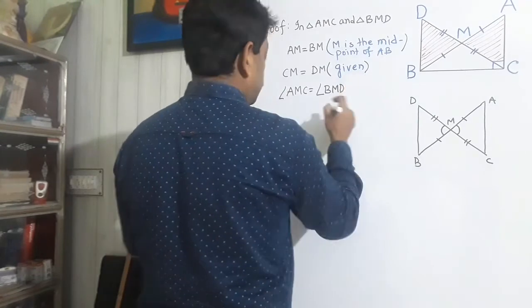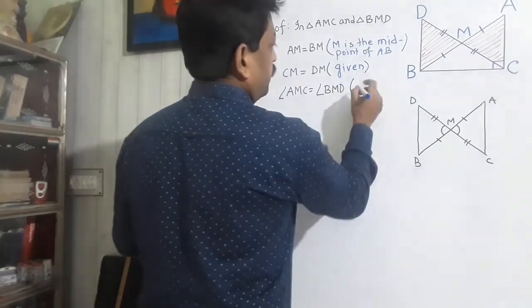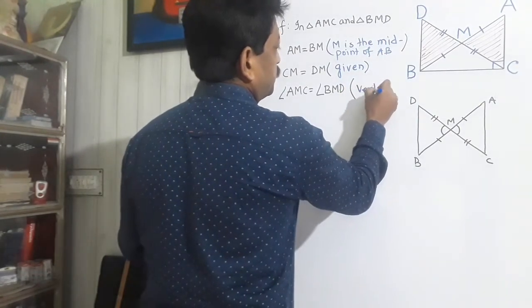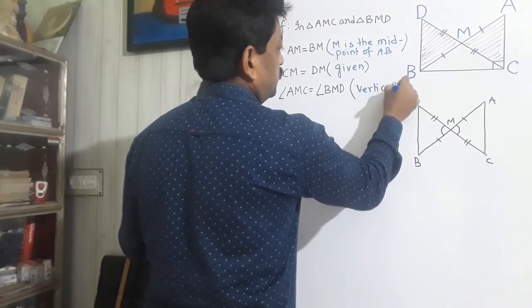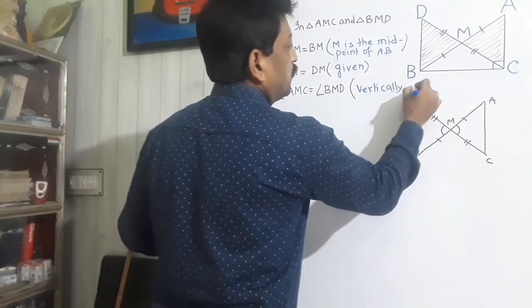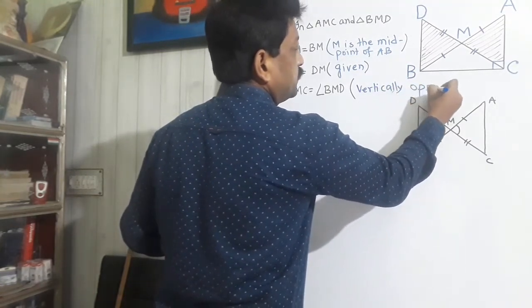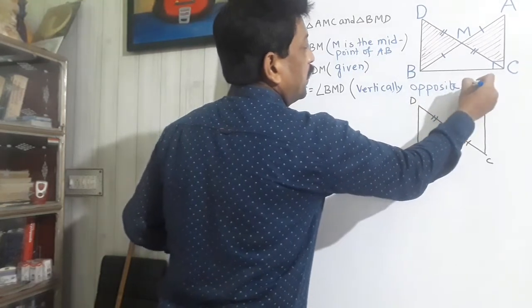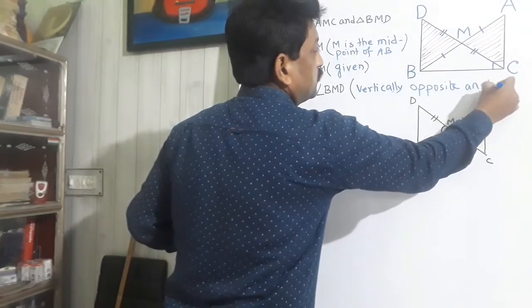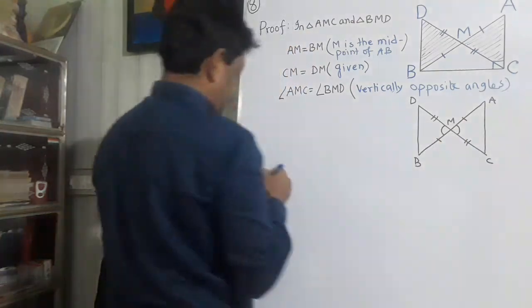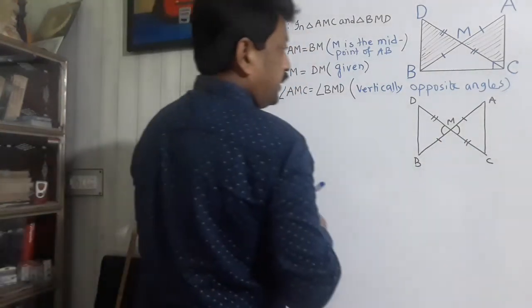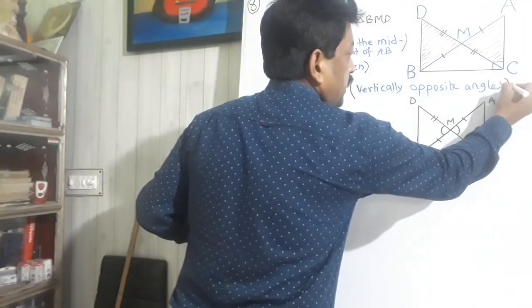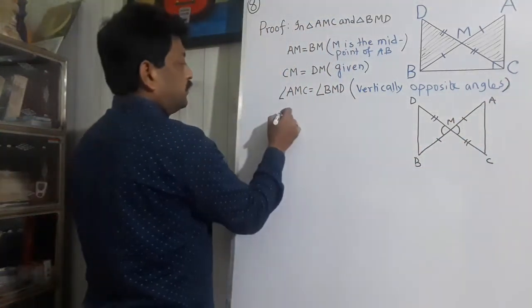The reason is they are vertically opposite angles. So we can say that these two triangles are congruent.